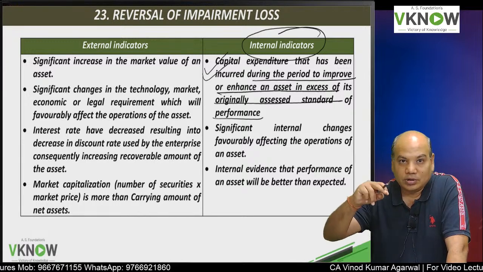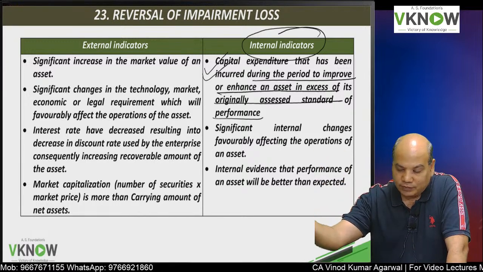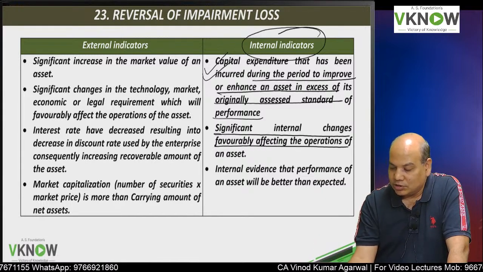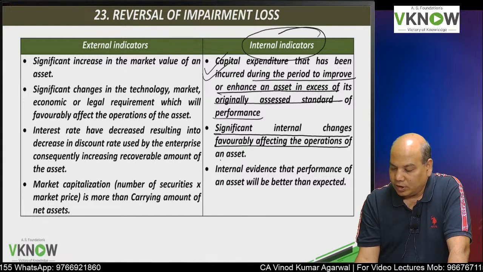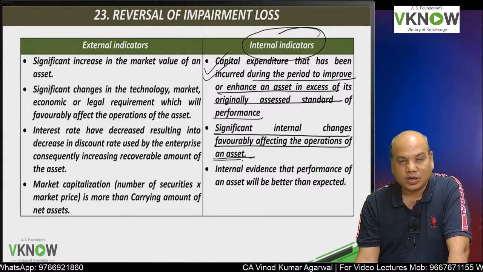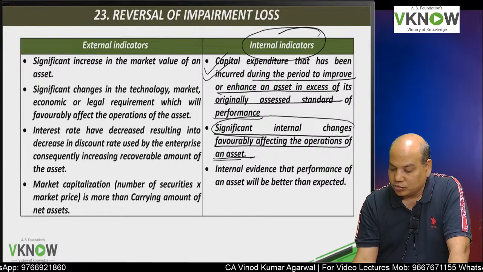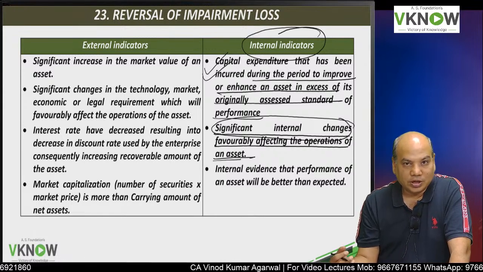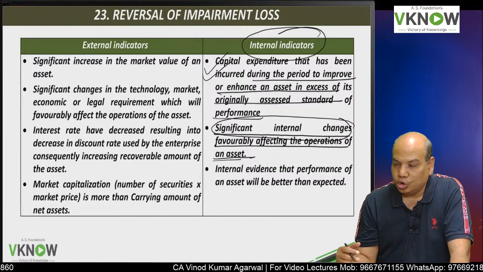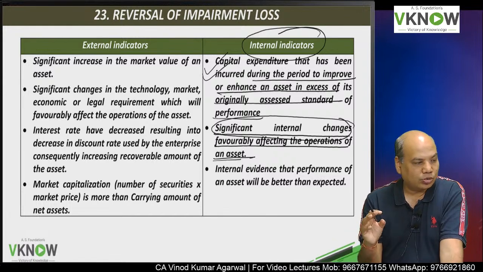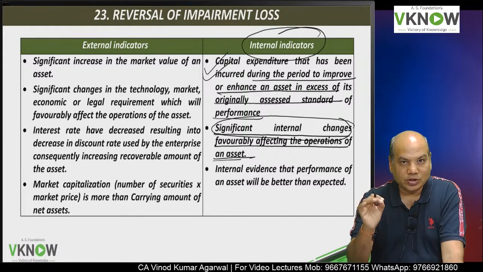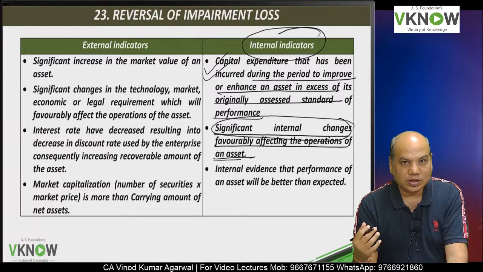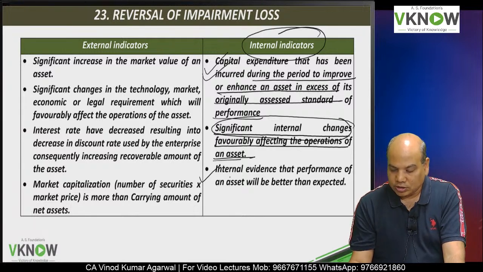This is an indication of increase in recoverable amount, or significant internal changes favorably affecting the operation of an asset. So positive changes within the organization: restructuring, incurring capital expenditure, reorganizing the business, and now that it is over, you believe the asset will generate more output.